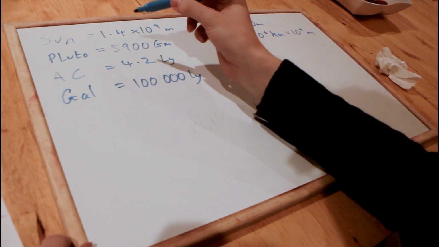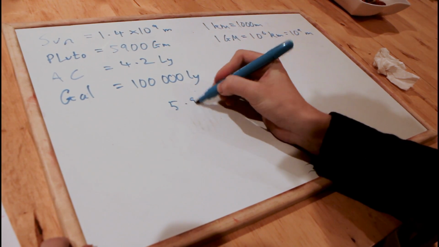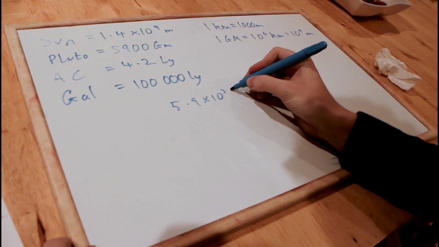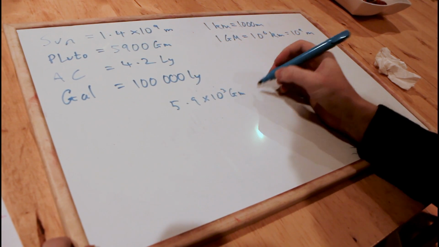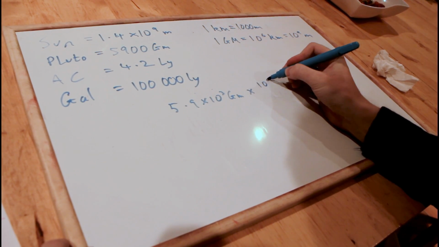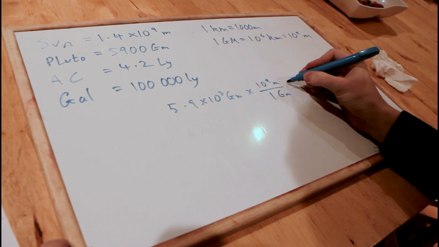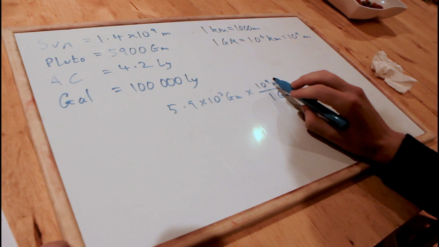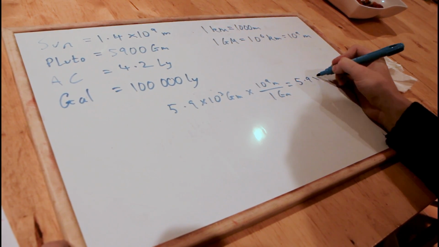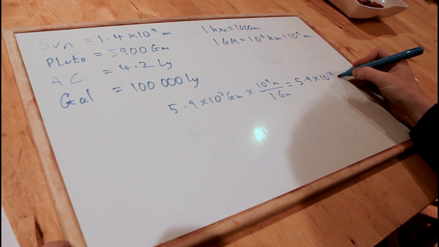And so for our solar system here, Pluto, we're going to turn 5.9 times 10 to the power of 3 gigameters, and we're going to multiply that by the fact that for every 1 gigameter there are 10 to the 9 meters, and that means we add our 3 and our 9, and we end up with 5.9 times 10 to the power of 12 meters.